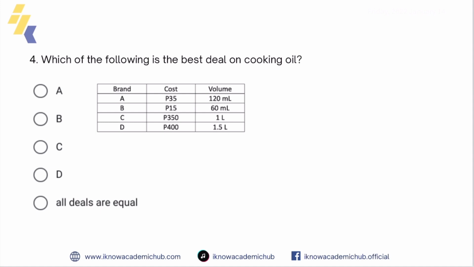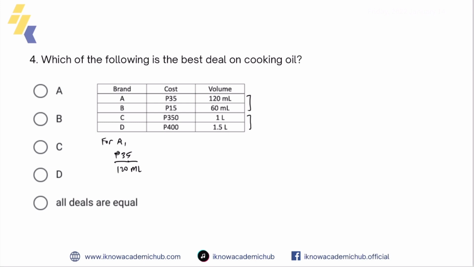So, upon looking at the table, I can compare A and B and C and D. Now, for A, we have 35 pesos per 120 ml.